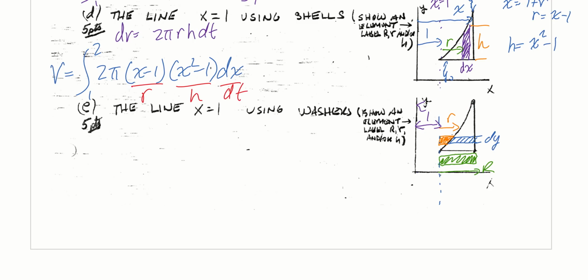Here to here is x, but from here to this edge all the way out to this is 2. So we know for big R, it's just going to equal this x minus this x, so it's going to be 2 minus 1, so 1.